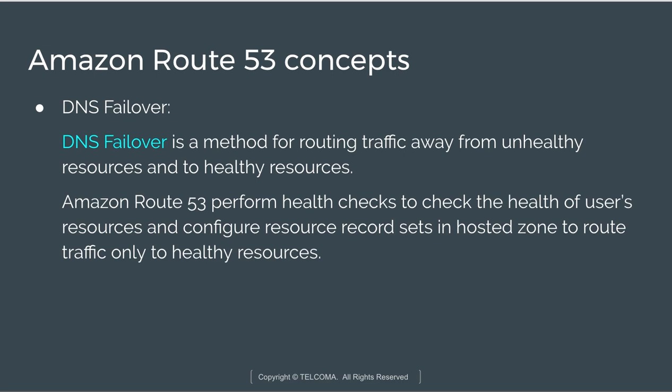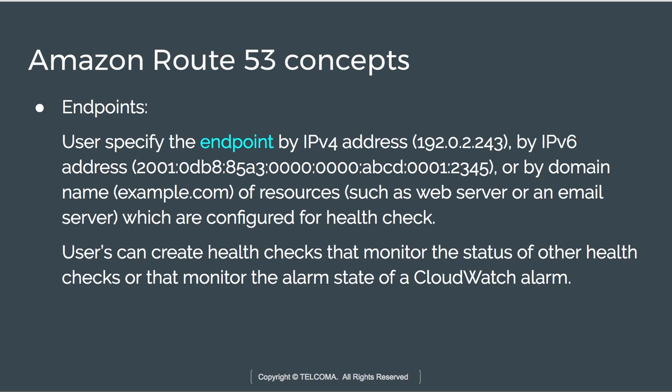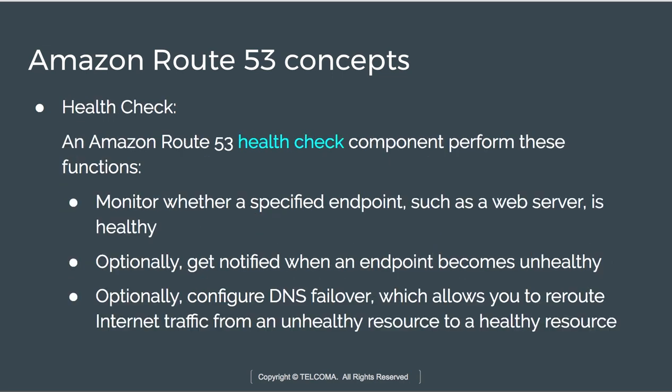Amazon Route 53 performs health checks to check the health of the user's resources, and it can configure record sets as per the resources. For endpoints, users specify the endpoint by IPv4 address, IPv6 address, or domain name of the resource. Users can create health checks that monitor the status of other health checks or the alarm state of a CloudWatch alarm.